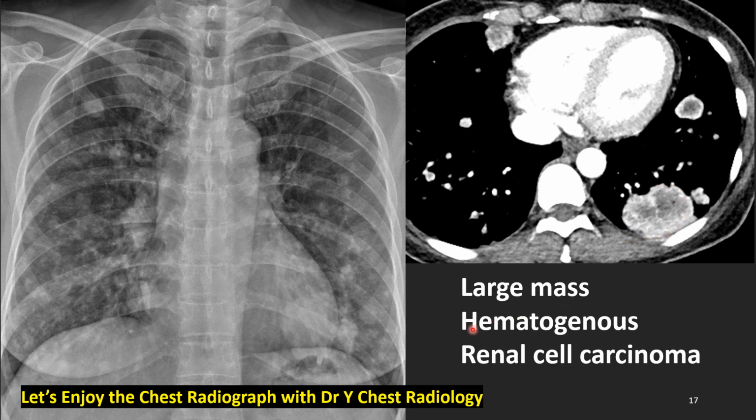Hematogenous metastasis. Actually, this is from renal cell carcinoma. Sometimes this kind of large mass misleads us to recognize it as a primary tumor. And sometimes we name this kind of large metastasis cannonball metastasis.